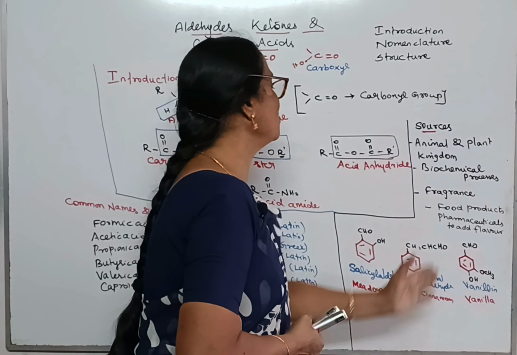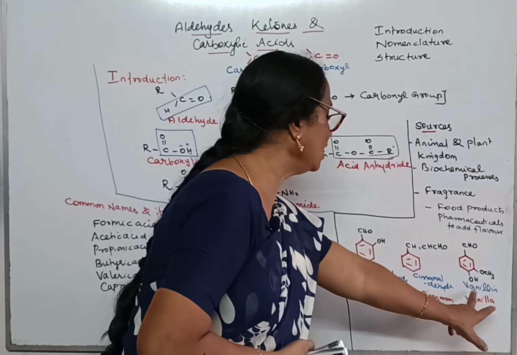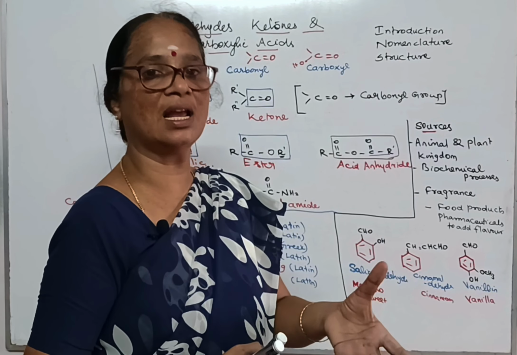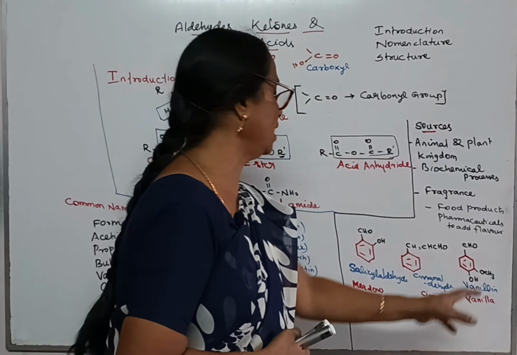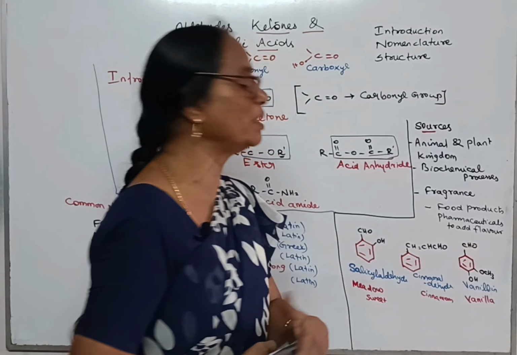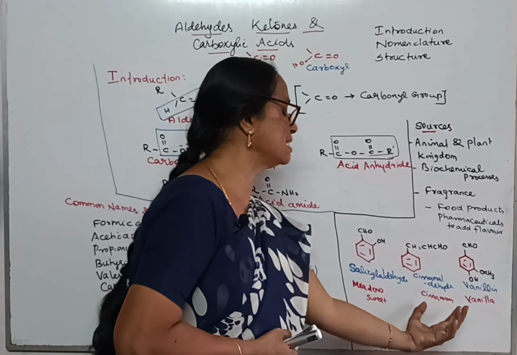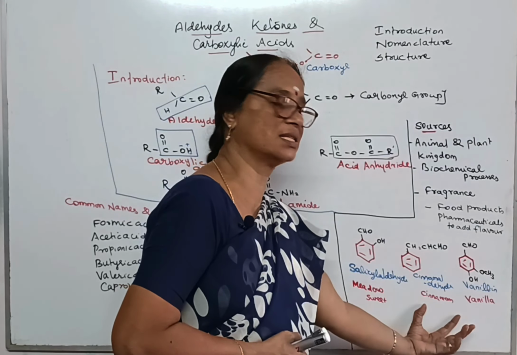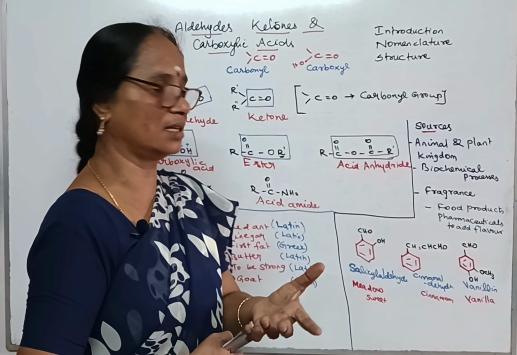For example, food can have fragrance because of vanillin, which is nothing but the vanilla essence. It is present in vanilla beans. You may find the functional group is aldehyde. As well as cinnamaldehyde: cinnamon, one of the spices, contains cinnamaldehyde, that's why we get that fragrance.